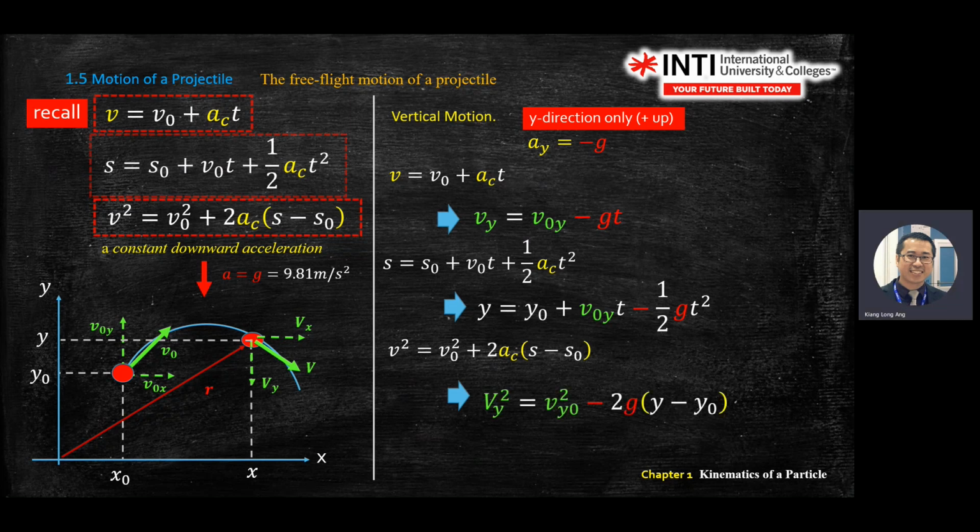In the third one, change V to Vy, a to minus g, and s to y, and you'll get the third equation. Most of the time, mistakes are made in the vertical direction, the vertical motion. They forget g is negative.